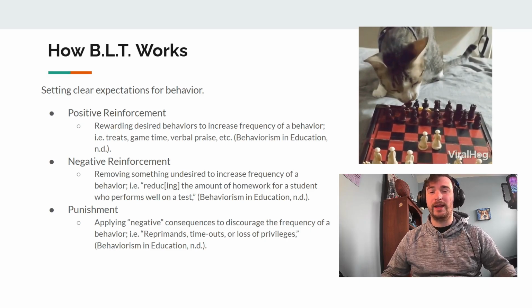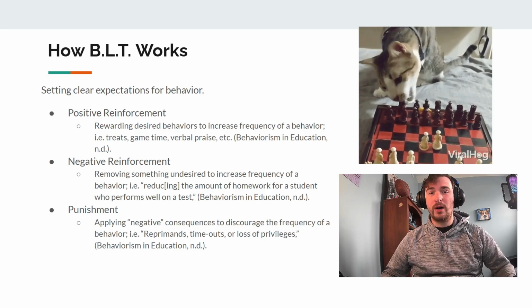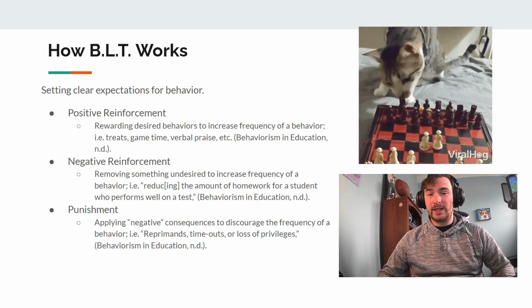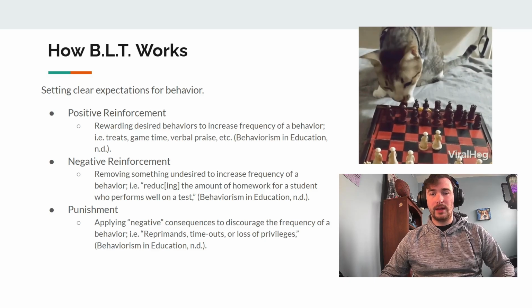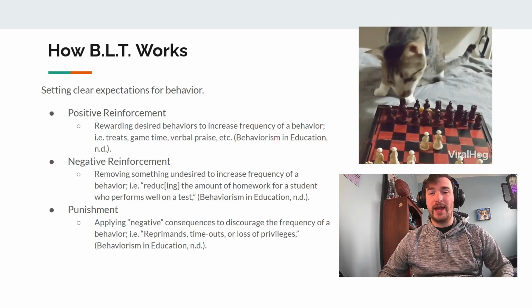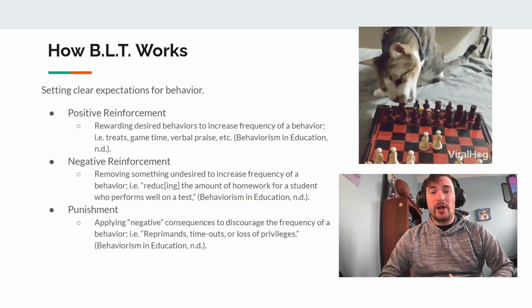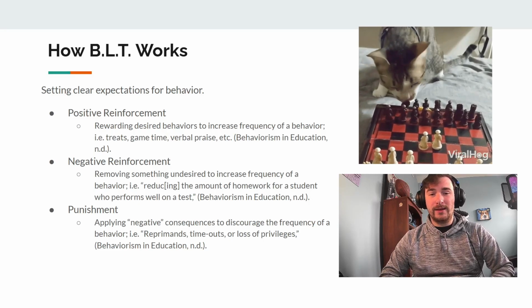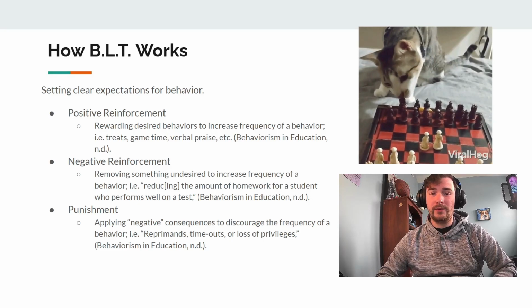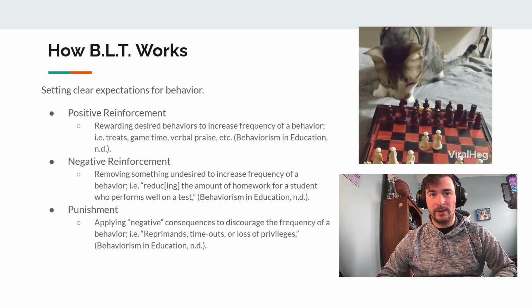So much like in a game of chess, you are making specific choices to get the other person to behave in a certain way. So specifically, some ways that you can change those behaviors that you're seeing is through either positive reinforcement, negative reinforcement, or punishment.